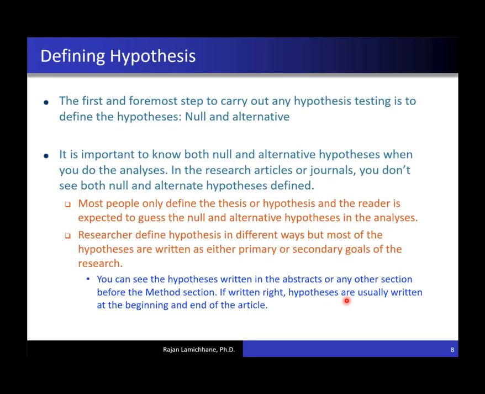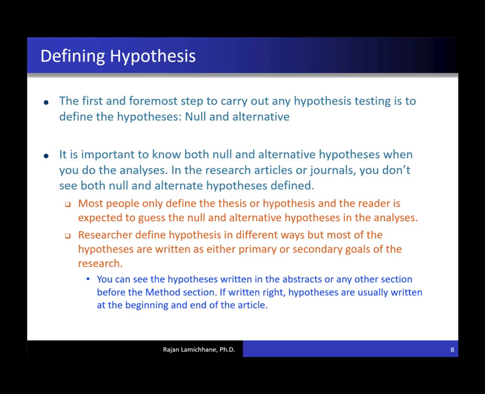The first and most important part of hypothesis testing is to define a testable hypothesis. There are two hypotheses we usually need to define: the null and the alternate or alternative hypothesis. It is very important to know both when you do the analysis.